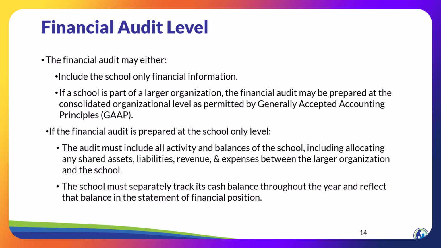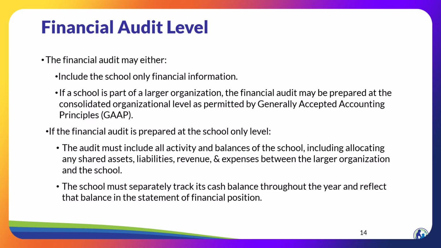Unlike the budget, if a school is part of a larger organization, the financial audit may be prepared at the consolidated organizational level as permitted by GAAP or at the school only level.